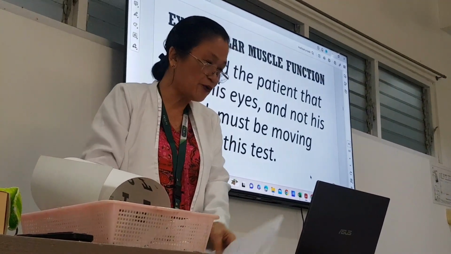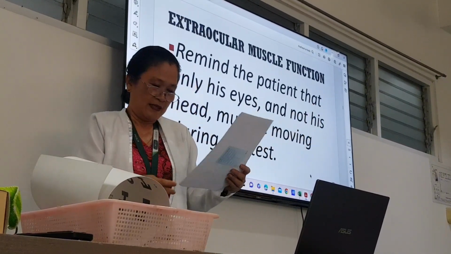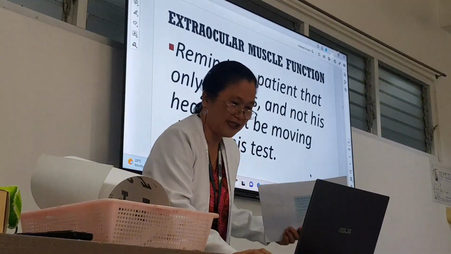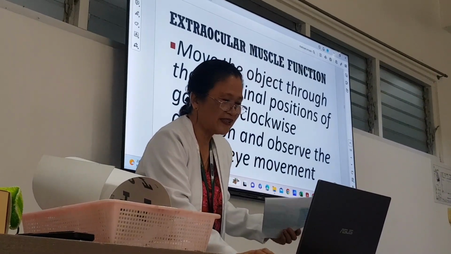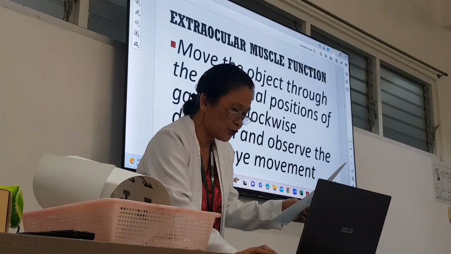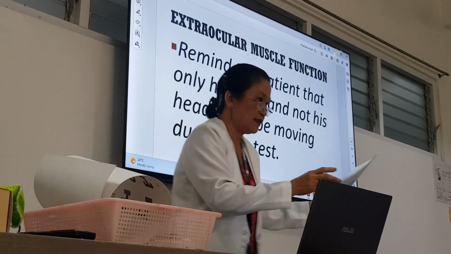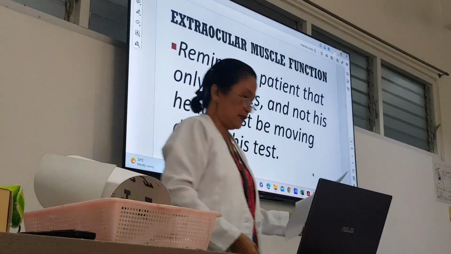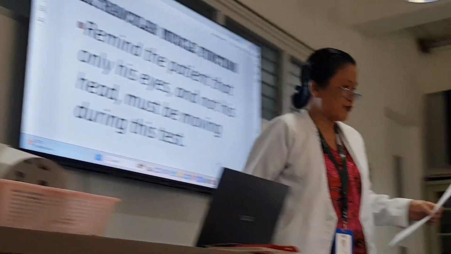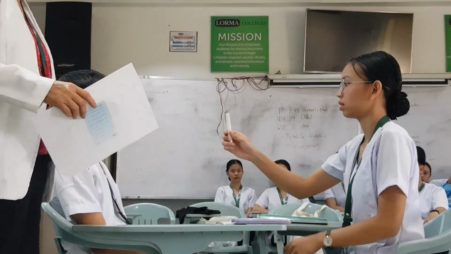That is now your cardinal positions of gaze. Now we are going to do the 6 positions at 12 inches.